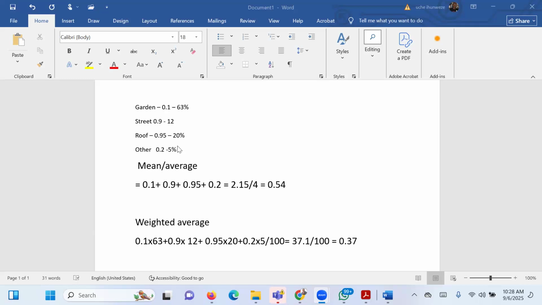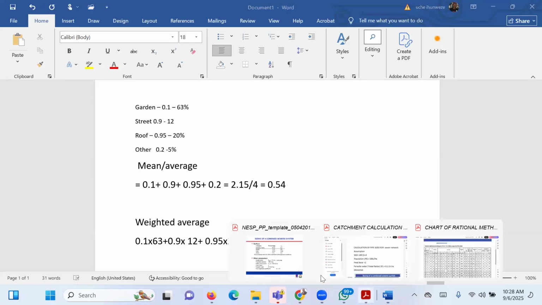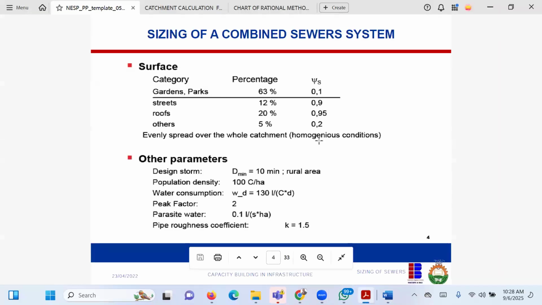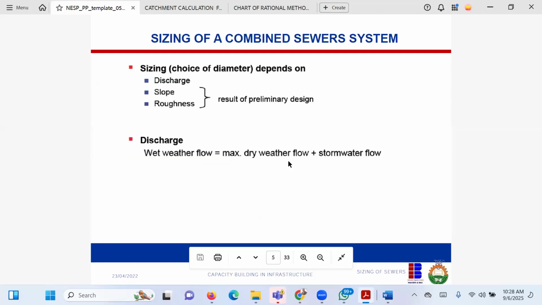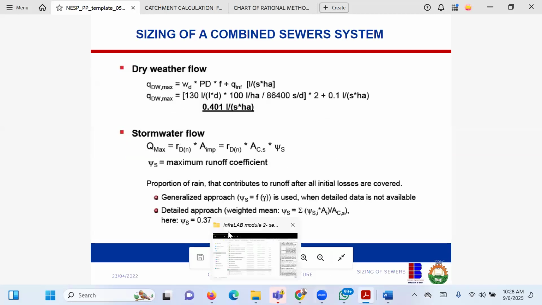The average is 120. But when you have 100 naira and you are spending 80 and I have 20, I'm spending 5, it is not right to take average. So this is just what it means. This must be a new thing for some of us, but it's quite new. So the weighted average of the whole catchment now is 0.35. That's just the point I'm trying to make. Okay, so here it is.